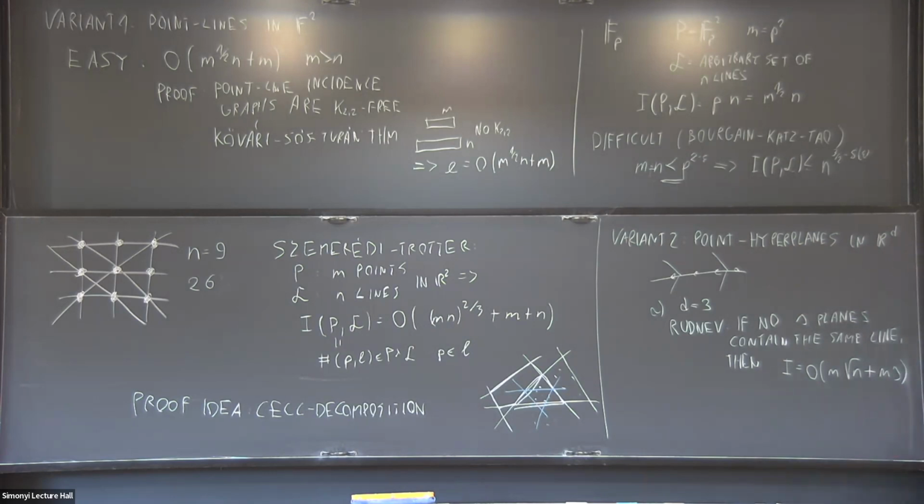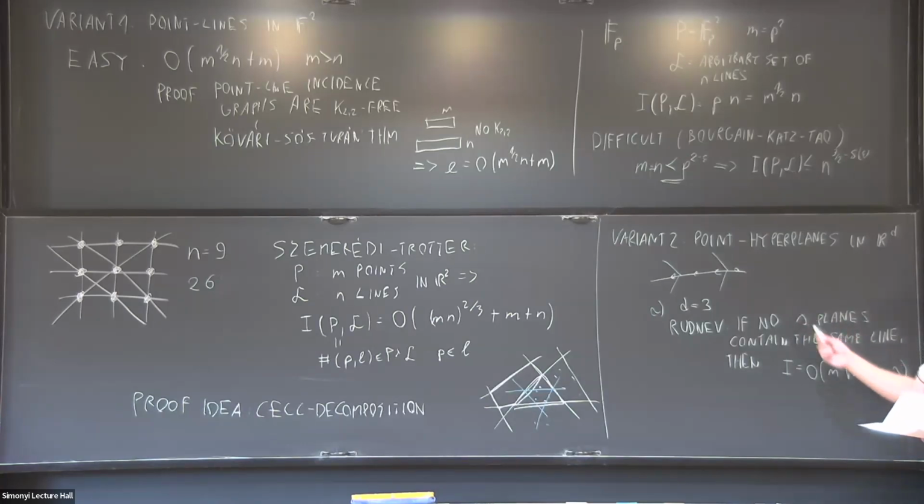So in this case, we can have a big improvement compared to the trivial bound m times n. This result is from 2018, and this had some quite powerful applications in additive combinatorics. But let me compare this to what would happen if we just use the Kővári–Sós–Turán theorem.